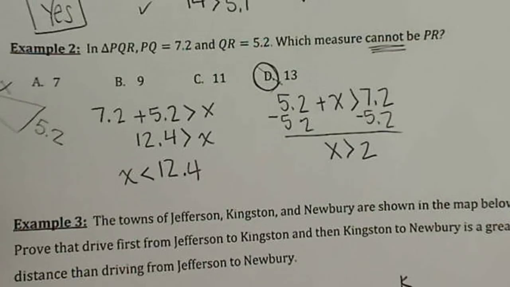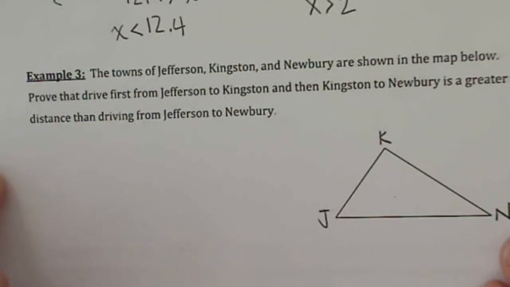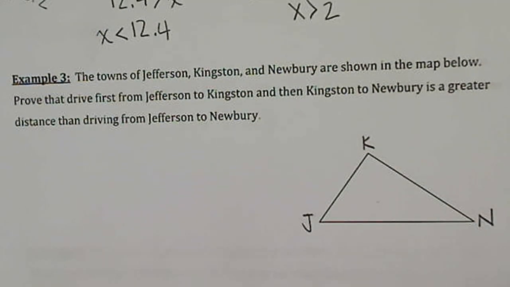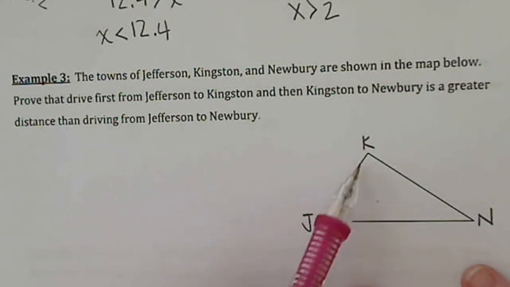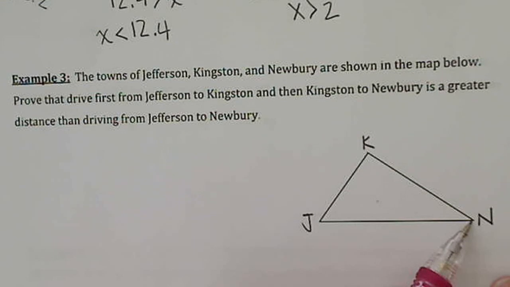Last example. We want to prove that driving first from Jefferson to Kingston and Kingston to Newberry is going to take you longer than just driving from Jefferson to Newberry.